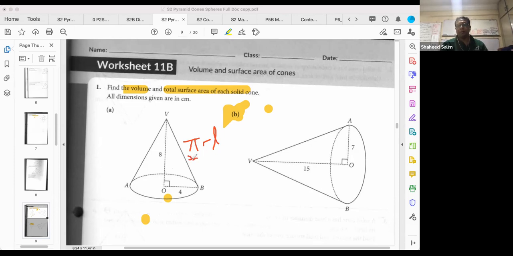We call it X lah. You must find this out. Can you see now? 8, 4. You must use Pythagoras theorem to find.